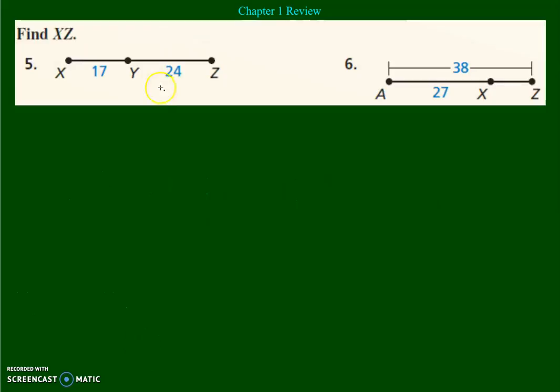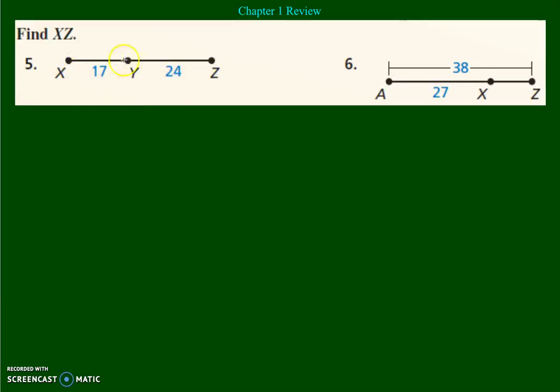In problem 5, our problem statement says find the length of XZ. Whenever you see 2 letters with no symbols over the top, you read that as the length of XZ. So here we have segment XZ, and it's made up of 2 pieces, XY, which is 17, and YZ, which is 24.